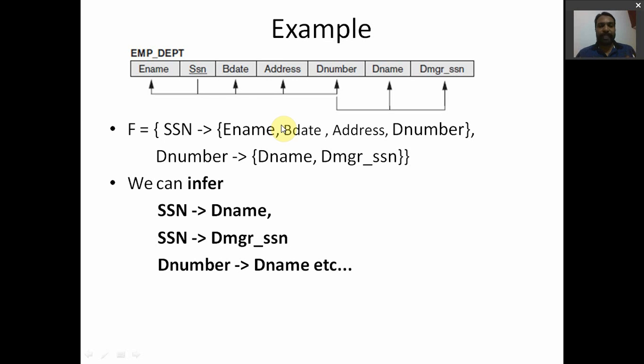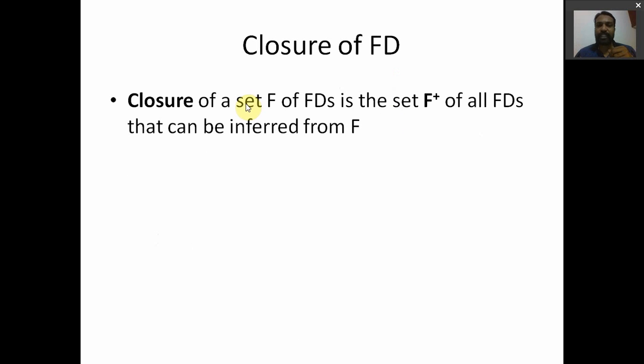So F closure means all the functional dependencies that can be inferred from F. We apply some rules and it helps infer all the functional dependencies. Then we call that set F plus, or closure of F. That is the definition for closure.